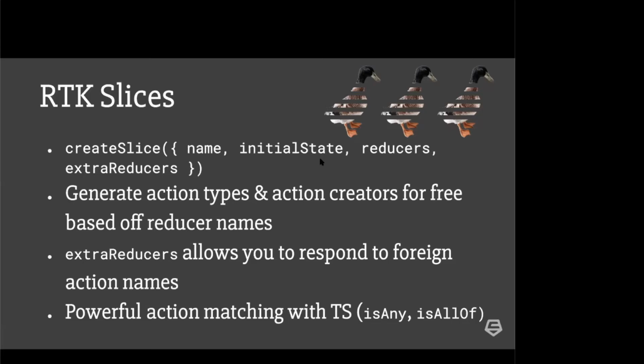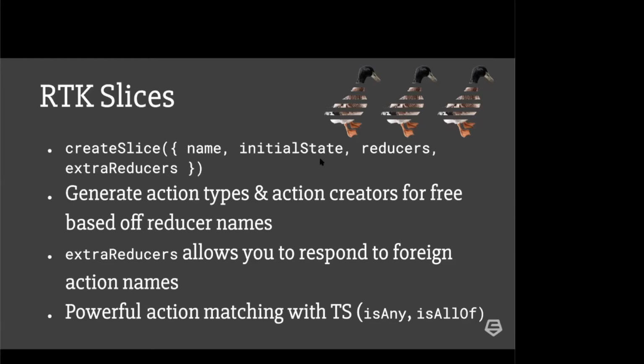And what Redux Toolkit slices do is reflect upon the names of those functions and give you action types and action creators for free. The extraReducers argument also allows you to respond to foreign action names, and this comes into play when you're dealing with async thunks, which we'll talk about in a little bit.